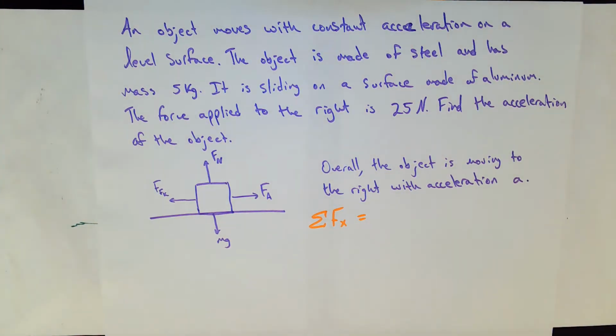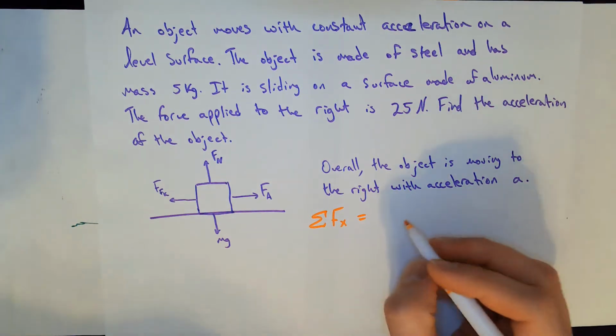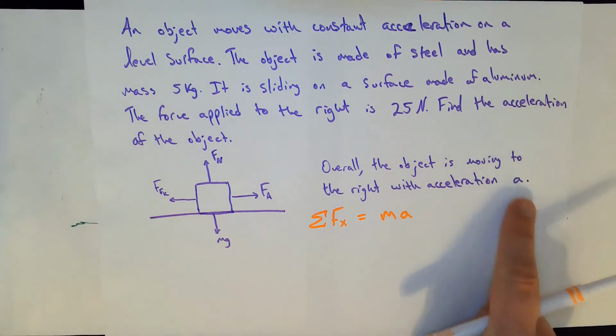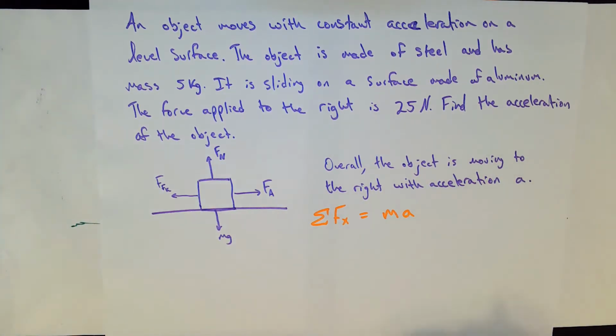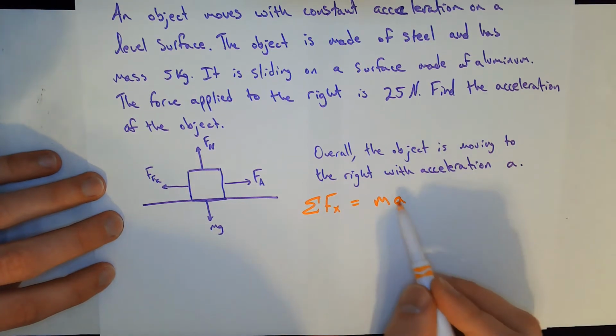So overall, when you account for the applied force and friction force, which are the horizontal forces here, the force in the x direction is the object's mass times that acceleration, whatever it might be, which is what we're asked to look for.